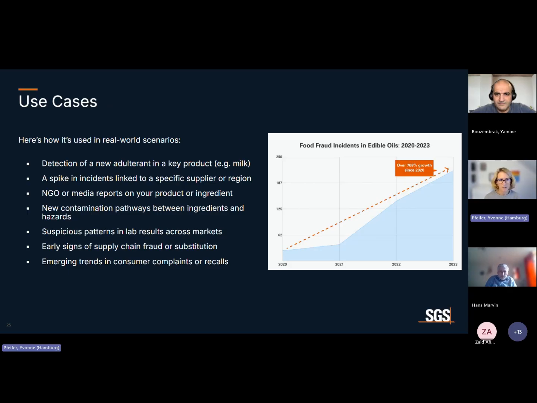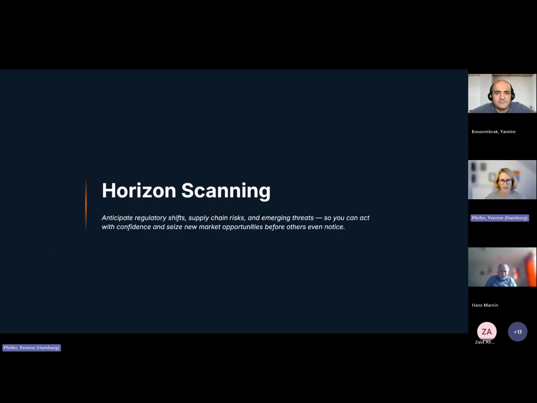For example, there's a detection of a new adulterant in a key product, or you see a spike in incidents linked to a specific supplier or region, or NGO or media reports on your product or ingredient. Maybe you have new contamination pathways between ingredients and hazards, or early signs of supply chain fraud. So these are different things that you could answer with the Food Safety Intelligence.